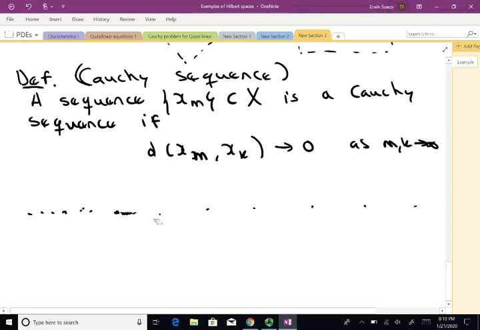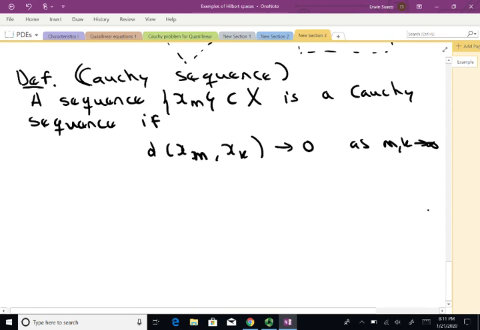A Cauchy sequence, after, let's say, 1,000 or 1,000,000, gets really close, so the distances get to 0. It's like they're accumulating around 1 point. They're not dispersive, they are just accumulating. So that's what a Cauchy sequence is.